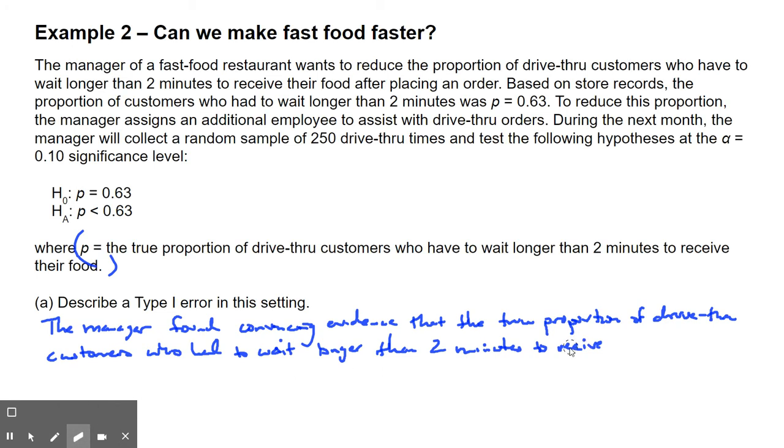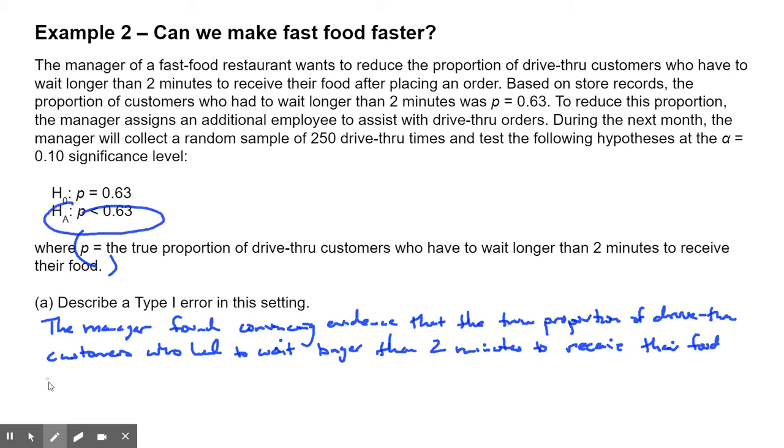To receive, I before E except after C. And now, when you do this, it's about the alternative. Is less than 0.63.